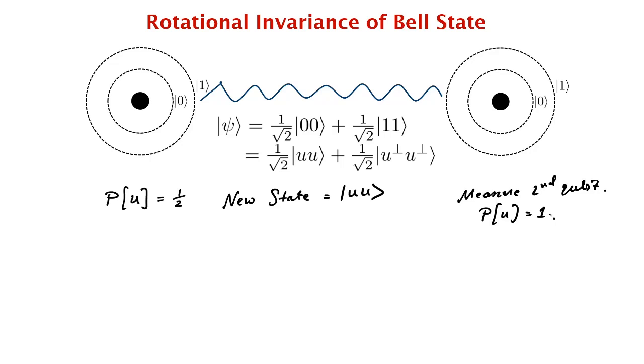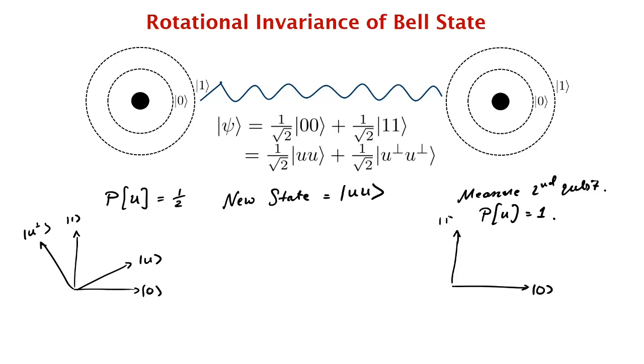But now we can ask a different question. So suppose that I did this. Here's my picture, here's UPerp. So I measure my first qubit in the U, UPerp basis. But now what I do for the second qubit is I measure it in a different basis. So this was U, this was UPerp.